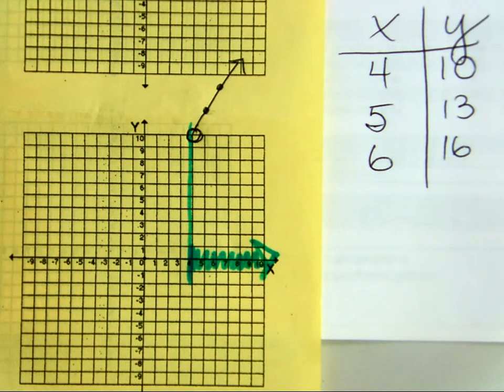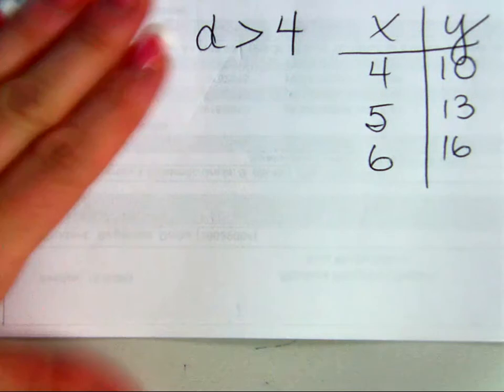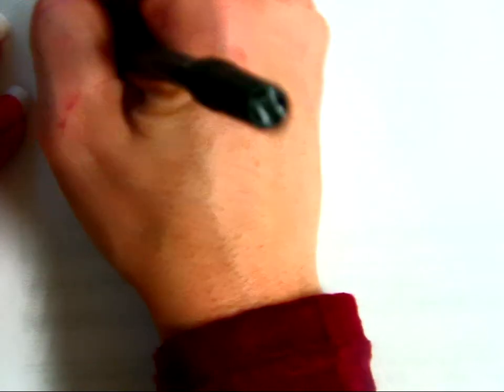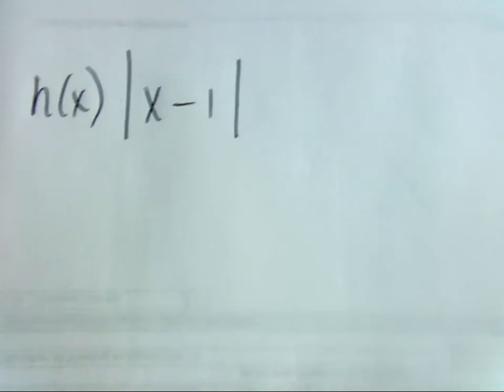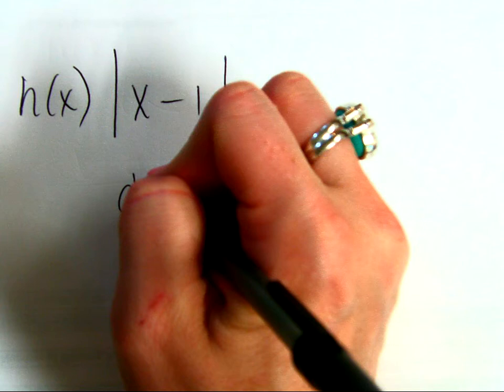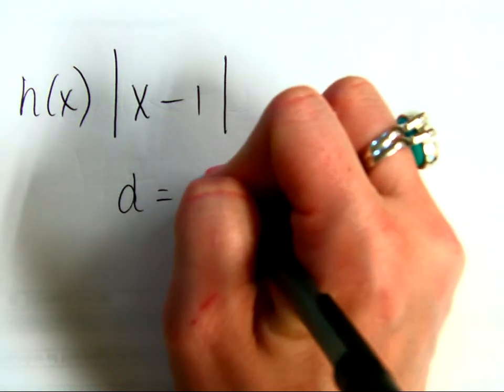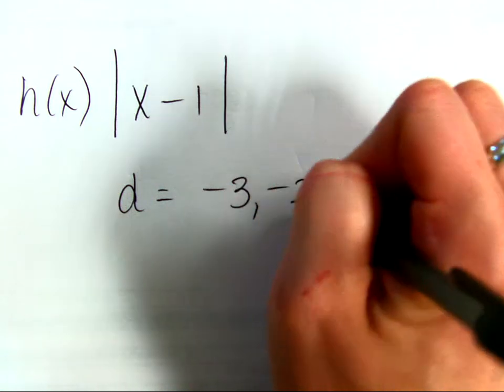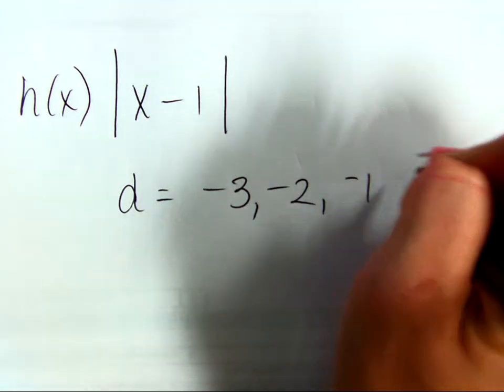Okay, I'm going to show you one more because you might be a little confused. You're going to see this. H of x. Okay? With a domain, let's see, our domain can only equal -3, -2, and -1. Okay. Last example.